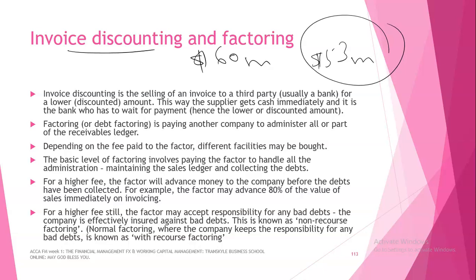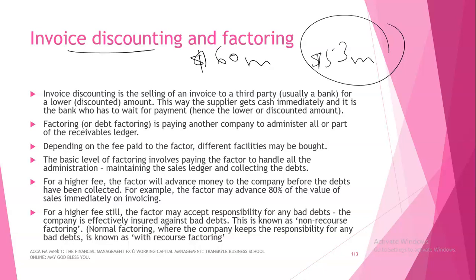The basic level of factoring involves paying the factor to handle all the administration, that is maintaining the sales ledger and collecting the debts. For a higher fee, the factor will advance money to the company before the debts have been collected. For example, the factor may advance 80% of the value of sales immediately on invoicing.